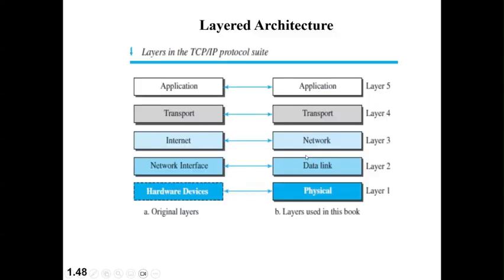The bottom second layer is called the data link layer. It is also called the network interface layer. The network layer is also called the internet layer, and the data link layer is the network interface. The basic role of the data link layer: it has 2 sublayers. One is the data link layer, another is the MAC layer, media access control. The first sublayer, the data link layer's job, is to create frames. The packets are broken into frames.